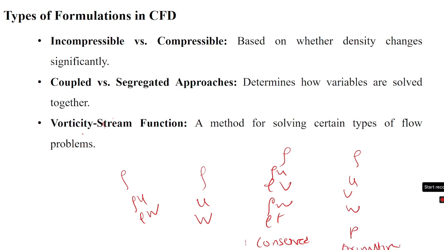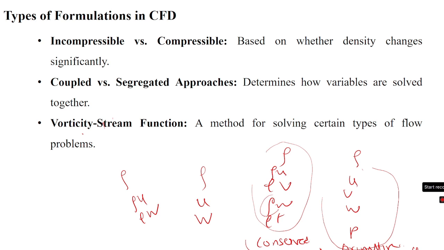The conserved form is generally used for compressible flow, as the density is always changing. The primitive form is generally used for incompressible flow, because it does not combine other parameters with the density, right? The conserved form is where there is always a change in the property, that is density, combined with the other properties.